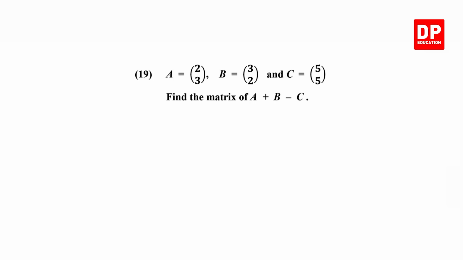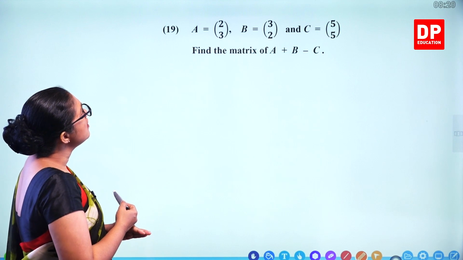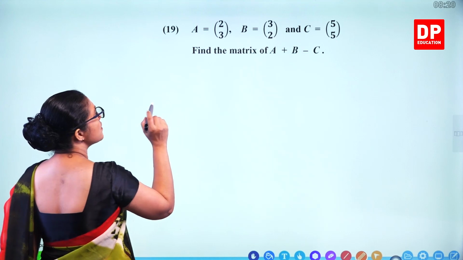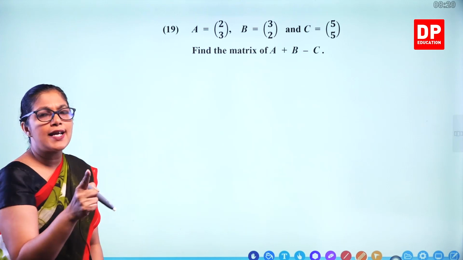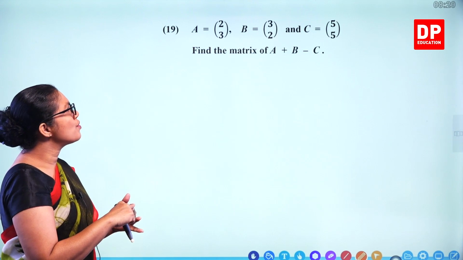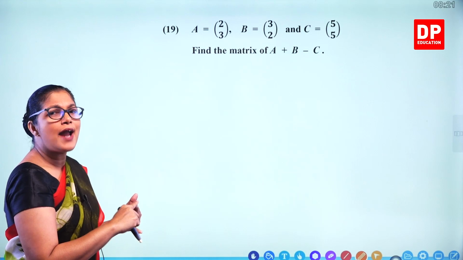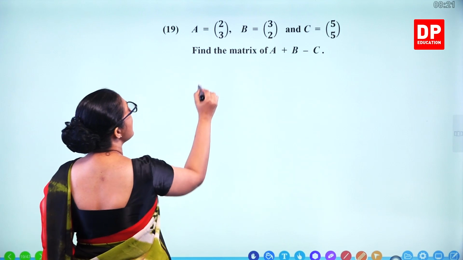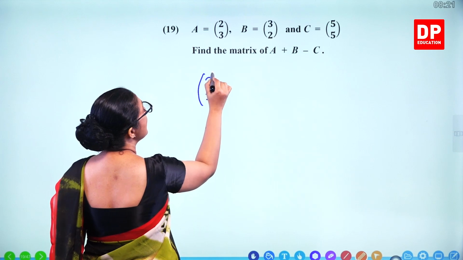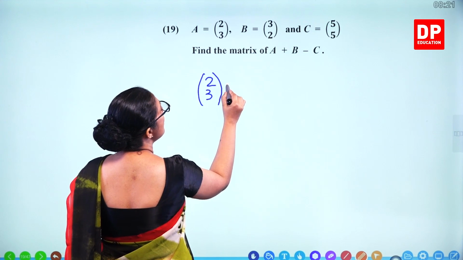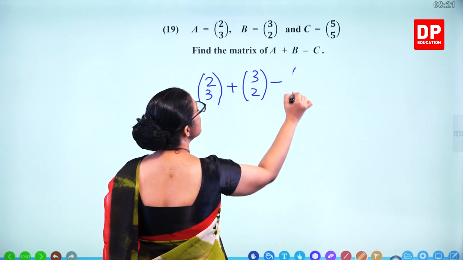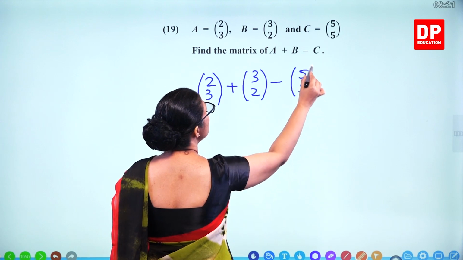Question number 19. You are given 3 matrices. So find the matrix of A plus B minus C. Same size, 2 by 1, 2 rows and 1 column. You can add or subtract matrices of the same size. So A, 2 and 3, plus 3 and 2, minus 5 and 5. Then what do you do?